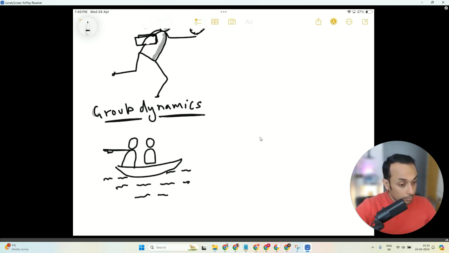They are all sitting in the boat and everyone is trying to row the boat as well. So I will be giving each one of them that wooden thing which helps you to row the boat, and here as well. So this is group dynamics.